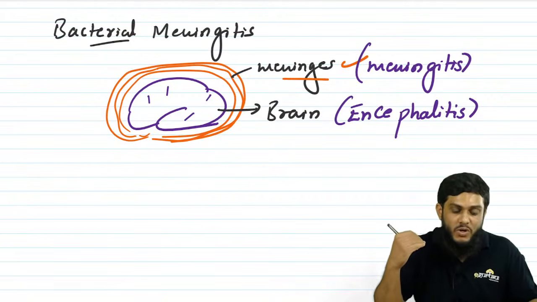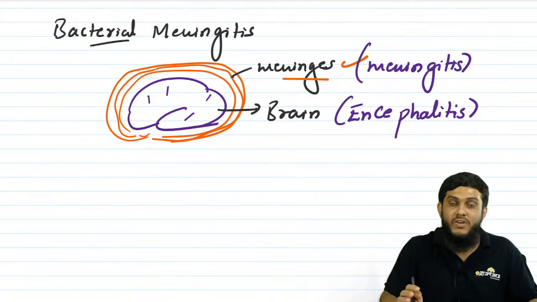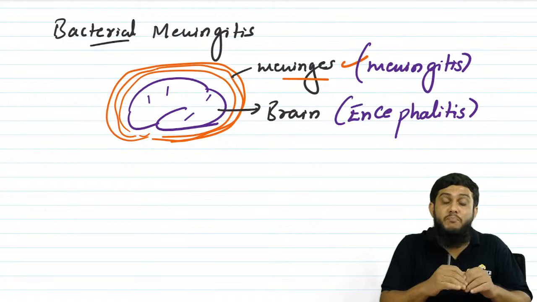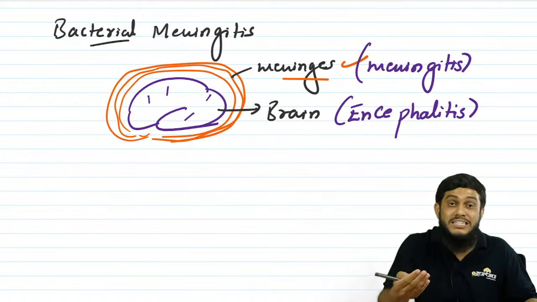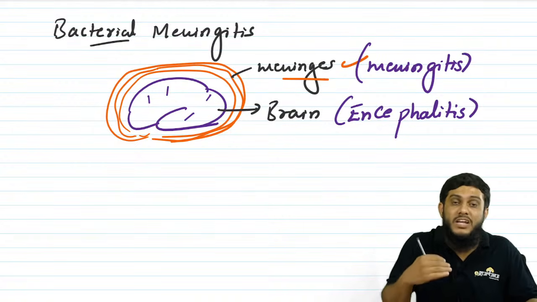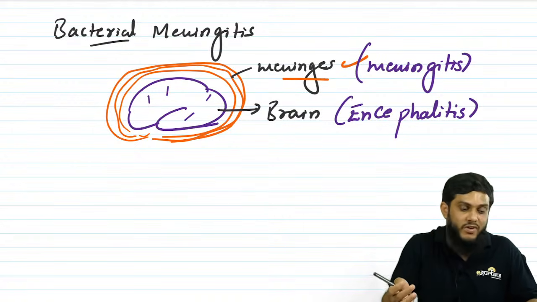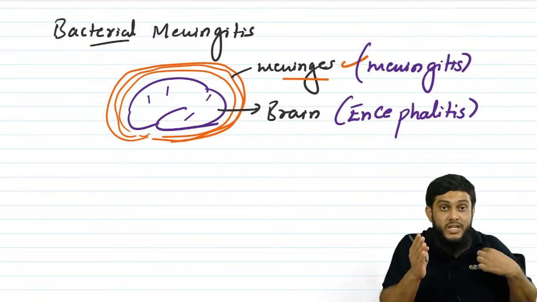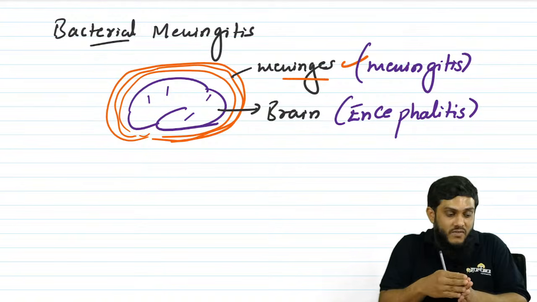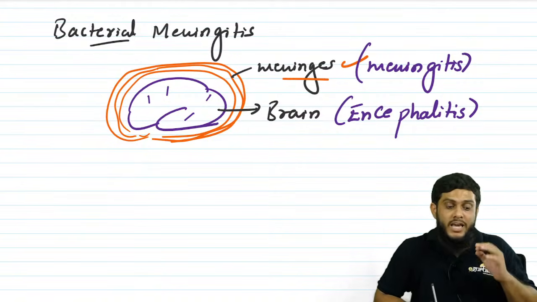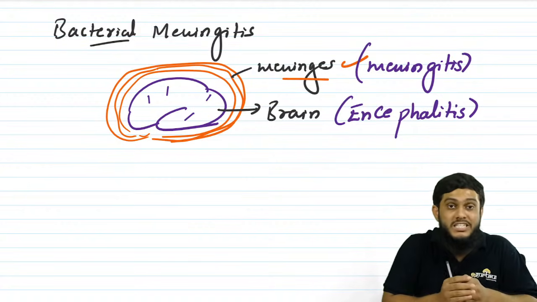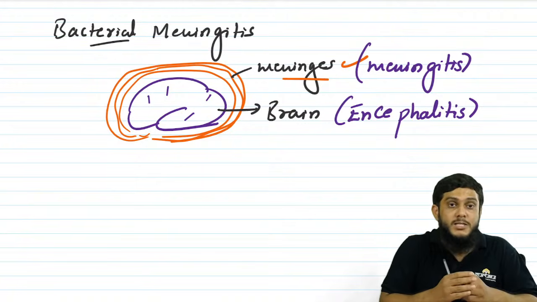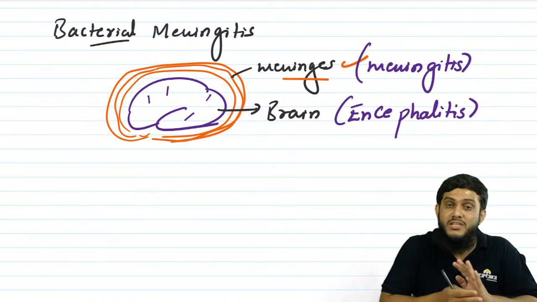If both the meninges and the brain are inflamed, we call the condition meningoencephalitis. In meningitis, only meninges are involved; in encephalitis, only brain parenchyma is involved; and in meningoencephalitis, both are involved.